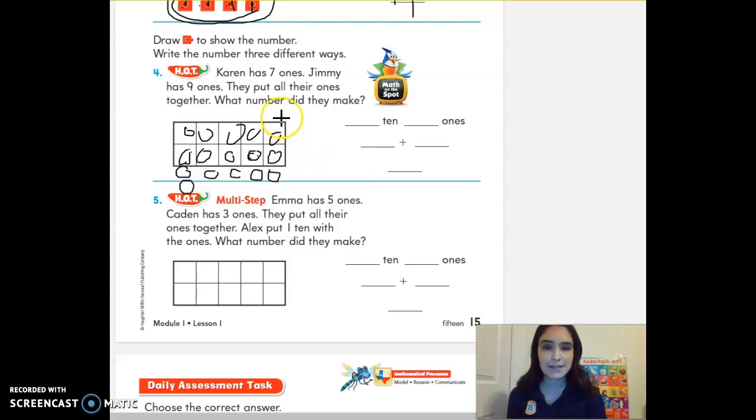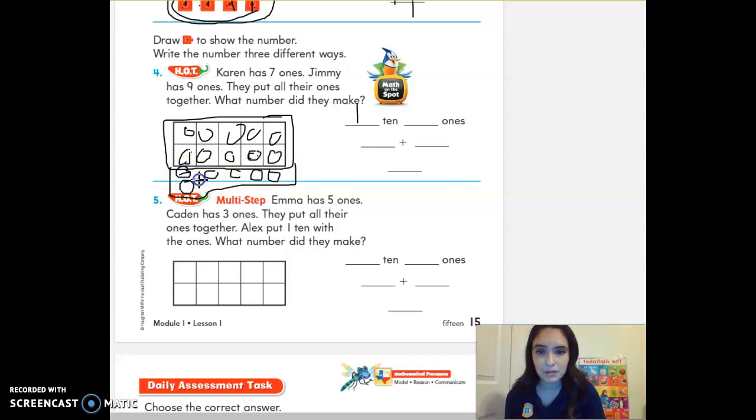Okay, so how many 10s do I have if I circle this 10 frame? I have 1 ten, and how many ones are outside this 10 frame? All right, I see I have 1, 2, 3, 4, 5, 6. I have 6 ones. Great job.